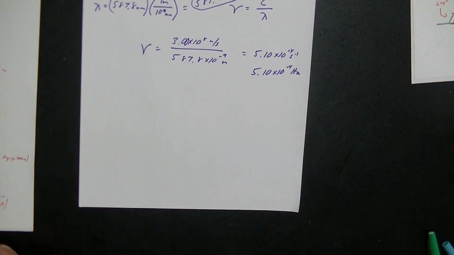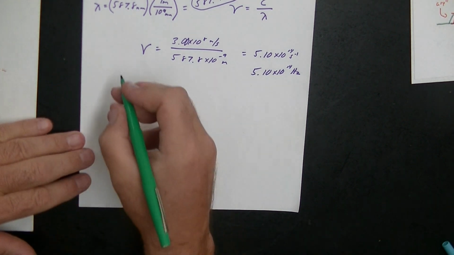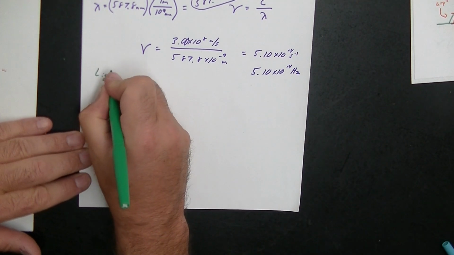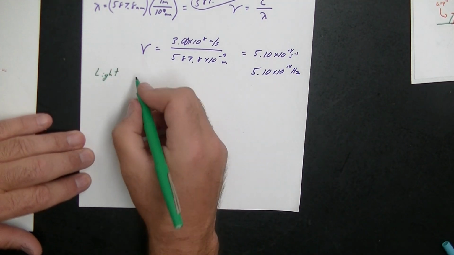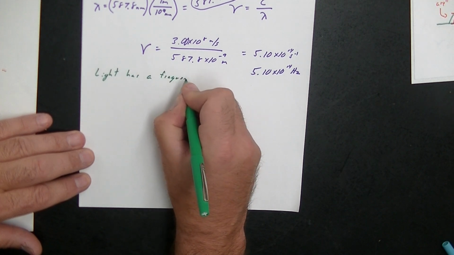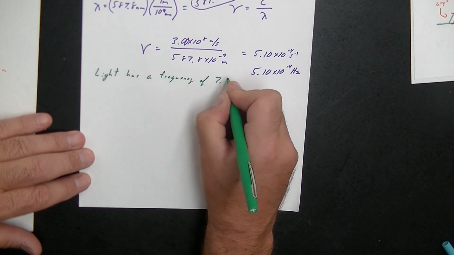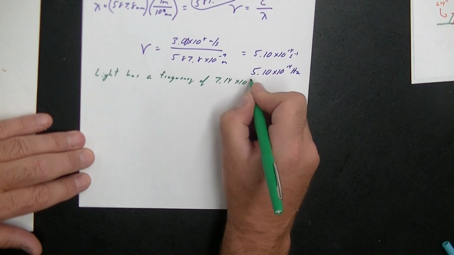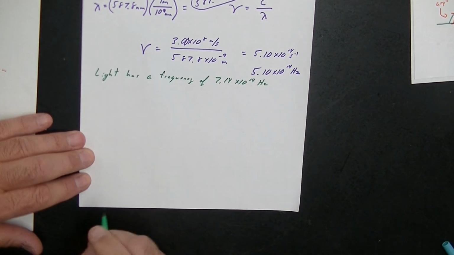Let's try another one. Light has a frequency of 7.14 times 10 to the 14th hertz.